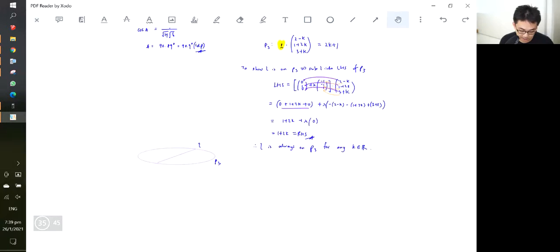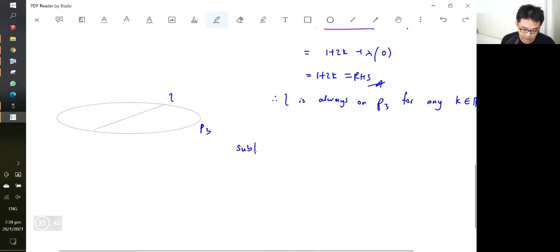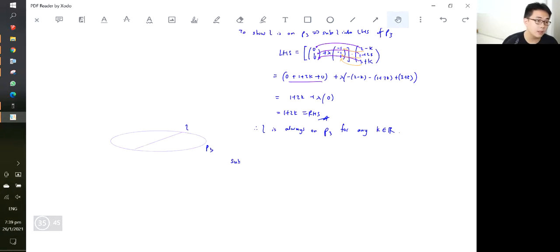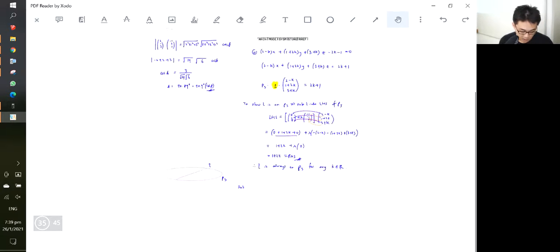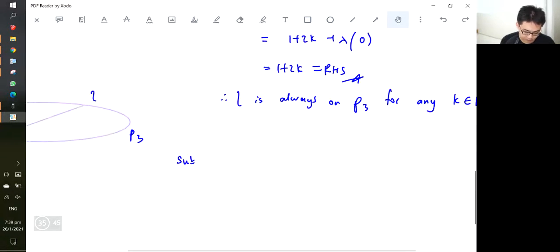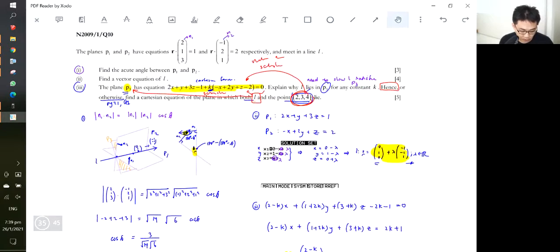So in this case, I'm substituting the value in. Sub 2, 3, 4 into plane 3.